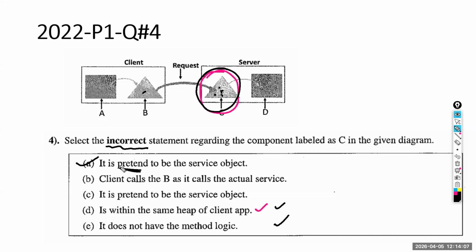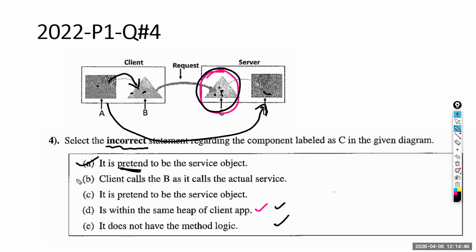B. Client calls the B, yes, as it calls the actual service. Client calls B as it calls the actual service. So this is the actual service, but instead of calling the actual service, client calls B. But in reality, indirectly B calls this.